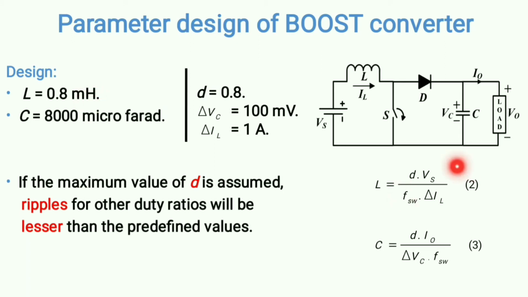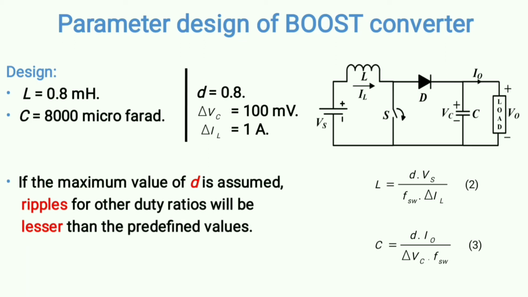Suppose in this equation your L is fixed, switching frequency is fixed, your supply voltage is fixed. The only two variables are your duty ratio D in the numerator and del IL in the denominator, and as you can see they are directly proportional to each other when the rest are constant.